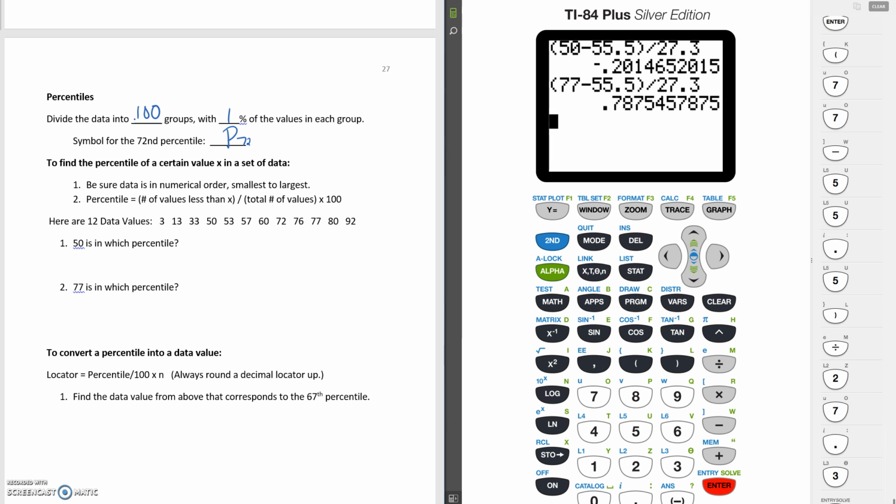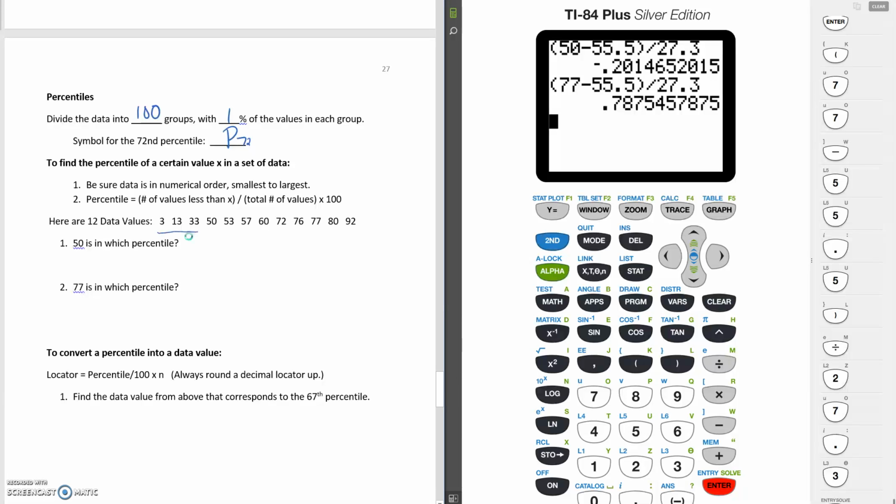To find the percentile of a certain value x in a data set, you first want to order them from smallest to largest. And to find the percentile, you count the ones that are less than that number, you don't include the number itself, divide it by the total, and then multiply by 100. So here we have 12 data values, and we want to know 50 is in which percentile.